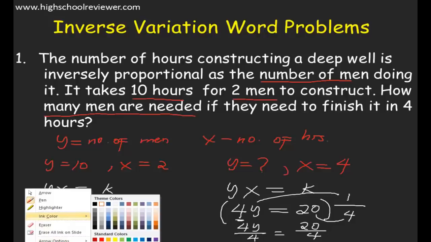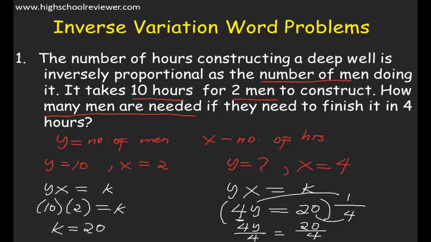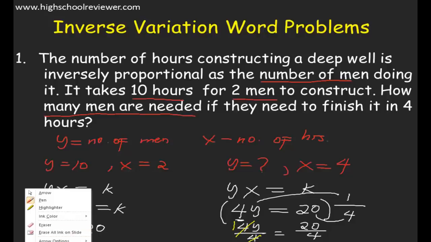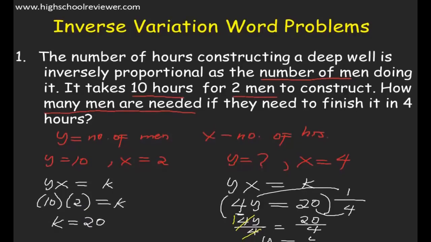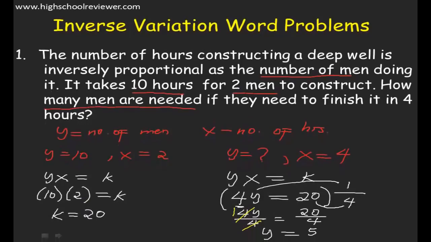So we have here 4 divided by 4, that is equal to 1. And 1 multiplied by Y will give us Y. 20 divided by 4 is 5. So our Y here is 5 men. So 5 men are needed to finish constructing the deep well within 4 hours.